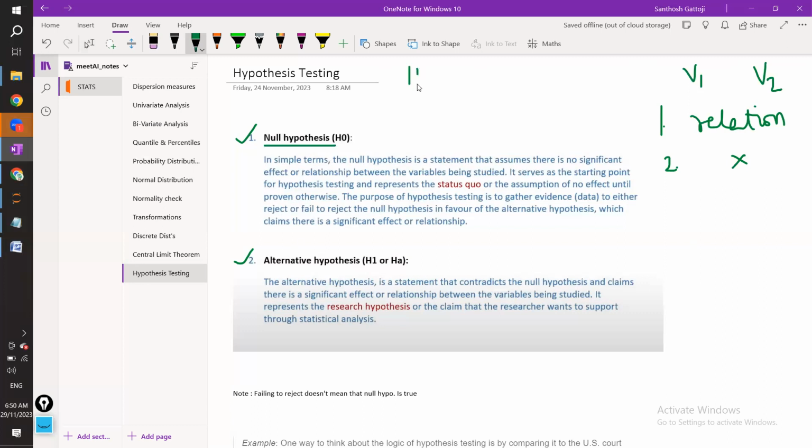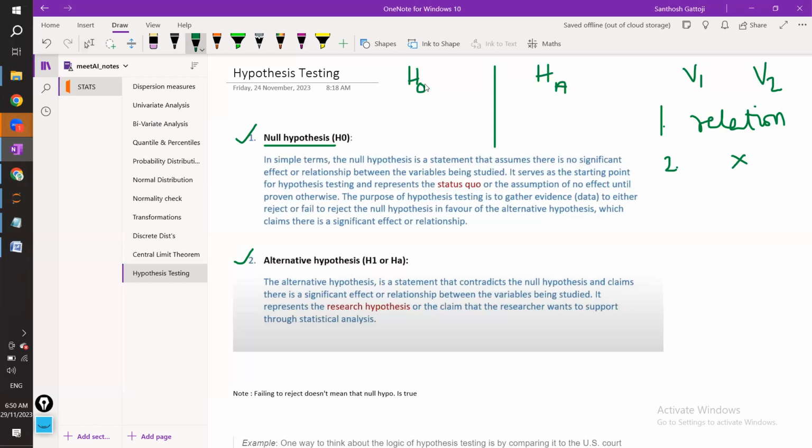So you have something called the null hypothesis, and something called the alternate hypothesis. As I said, both of these will be opposite to each other, meaning one will contradict the other. If null says a relationship is existing, alternate will say no, the relationship is not existing. Why are we taking it like that?